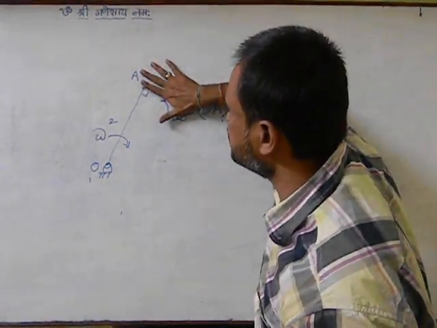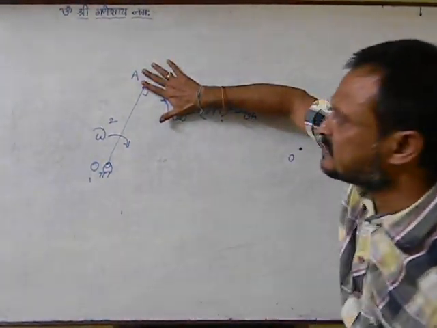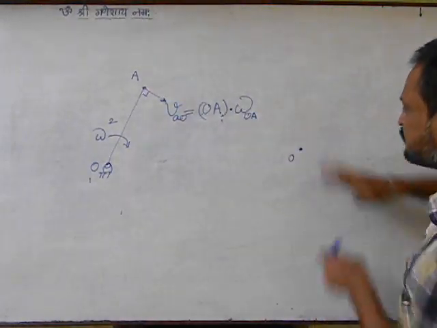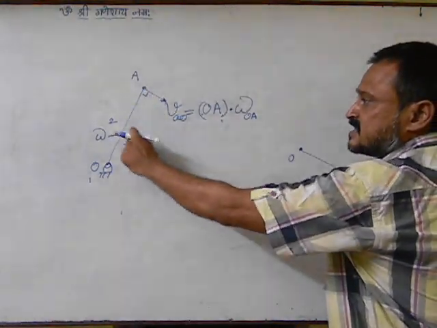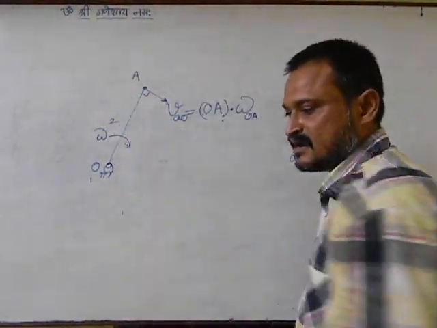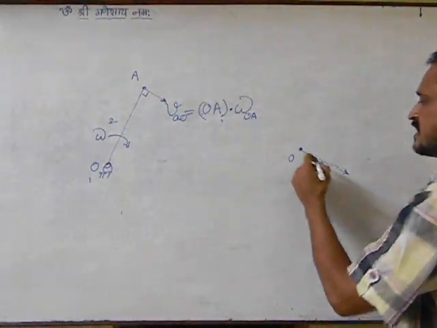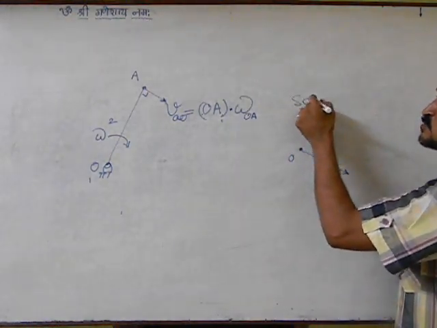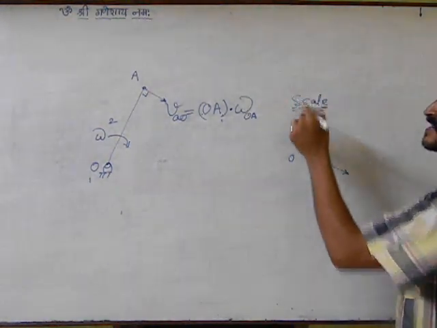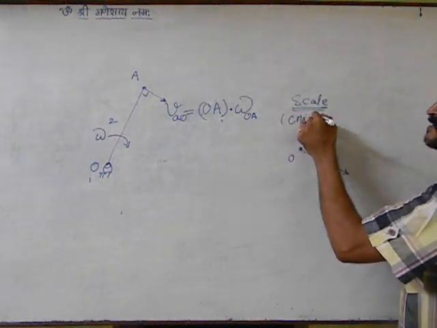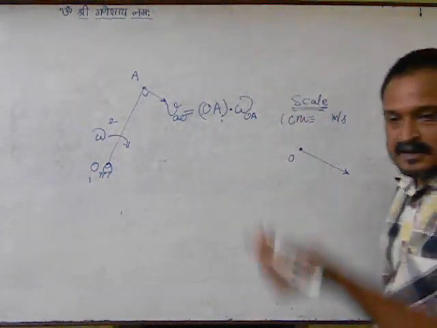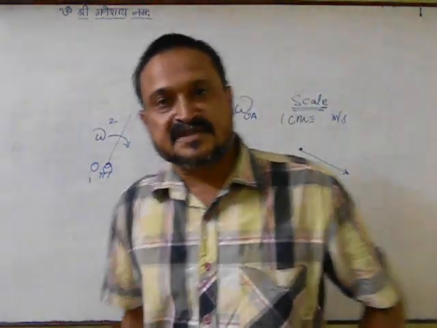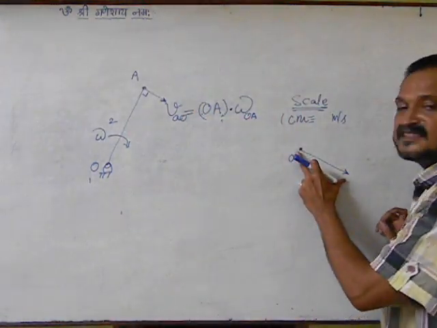So I can match my scale and I can draw one vector parallel to the given link condition in the configuration, right? And with the help of a suitable scale, I can decide that 1 centimeter of length represents how many meters per second or millimeters per second, and I can decide the magnitude.